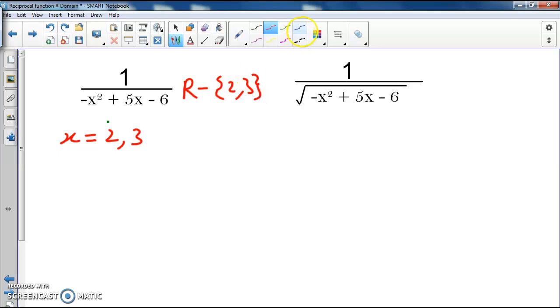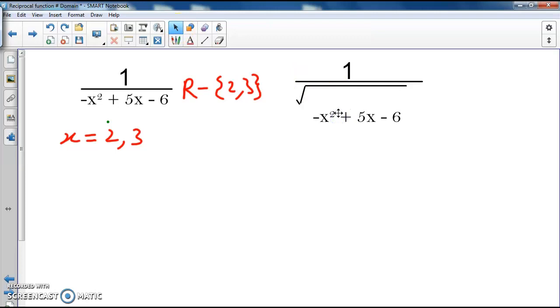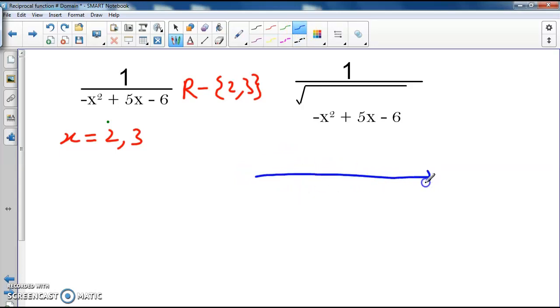Now for this second one, we plot the graph of minus x squared plus 5x minus 6. We have found the roots, 2 and 3. The coefficient of x squared in this case is negative. It will be a downward parabola then. These we have discussed in the previous videos.